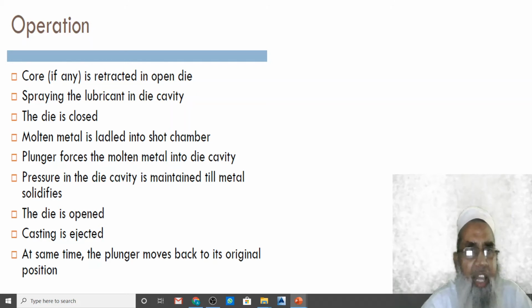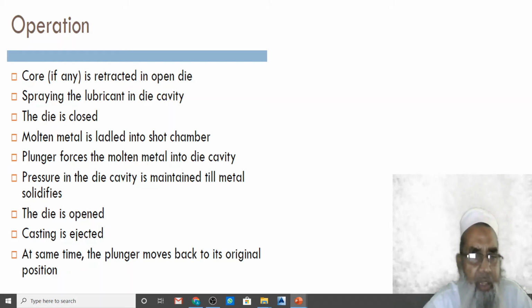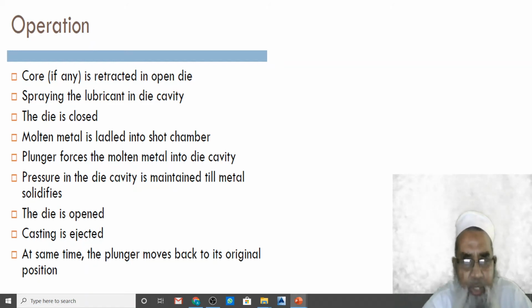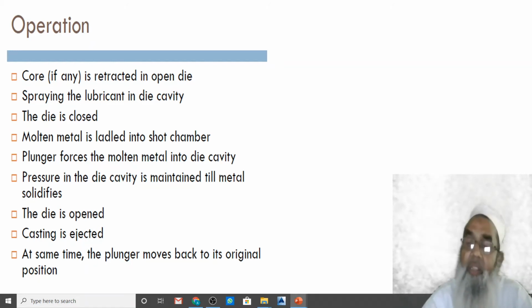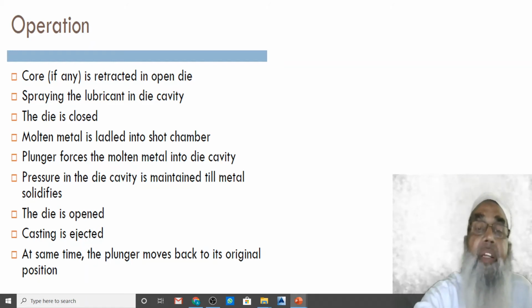The pressure in the die cavity is maintained till the molten metal solidifies, so that we can have better densification. After solidification, the die is opened, the casting is ejected, the plunger goes back to the original position, and another cycle can be done.